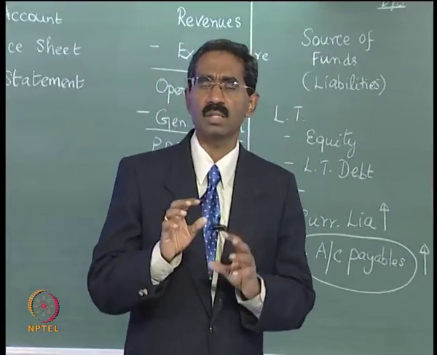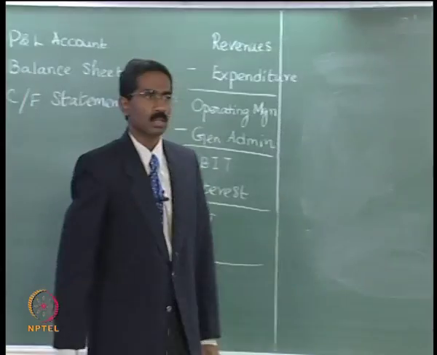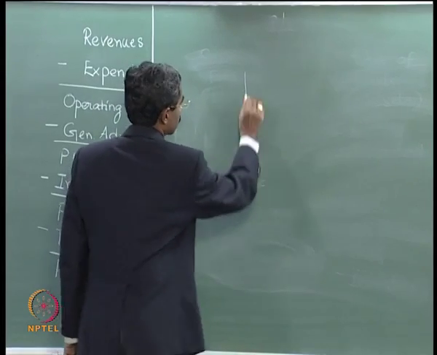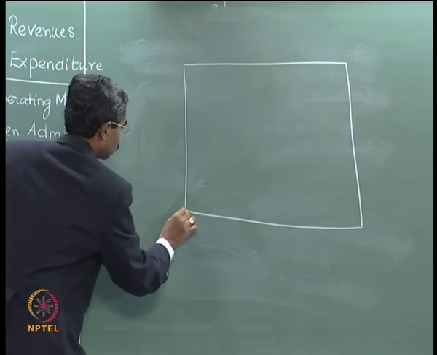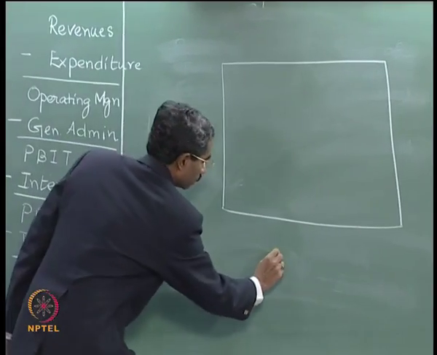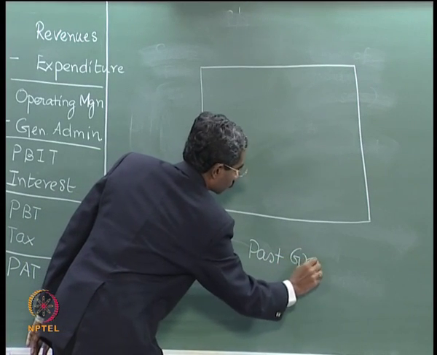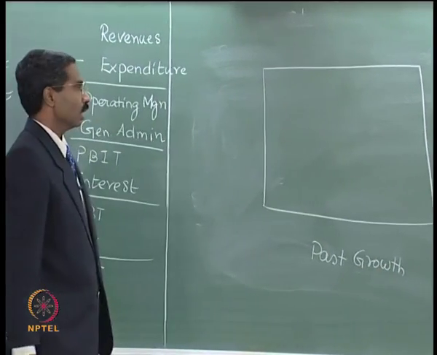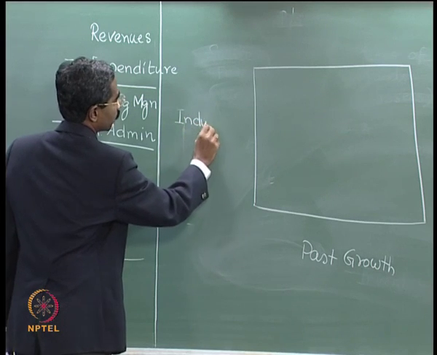So, let us try and structure this analysis in a simple 2 by 2 matrix. On the one hand you have what is called your past growth, and on the other hand we have your industry growth.